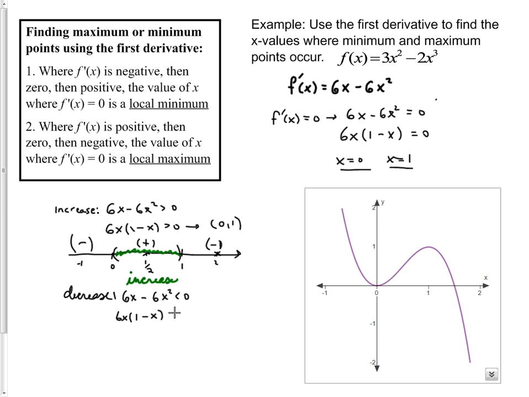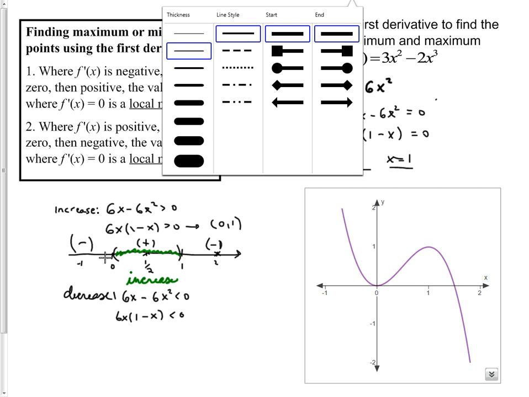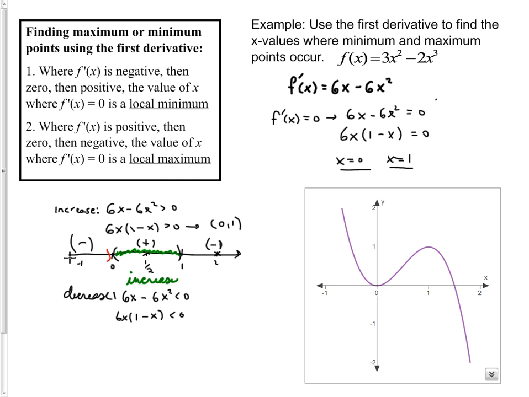I find that 6x times 1 minus x is less than 0 on intervals where x is less than 0 and where x is greater than 1. So we're going to say that there's a decrease on each of these intervals.